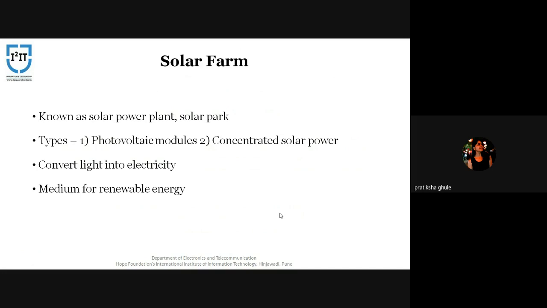What solar farm basically does is it converts the sunlight, like light energy, into electricity. So it's a medium for renewable energy. Like we can use solar farm to convert the renewable energy, that's the sunlight, for production of electricity.